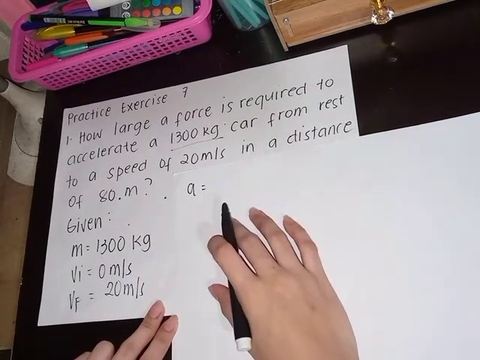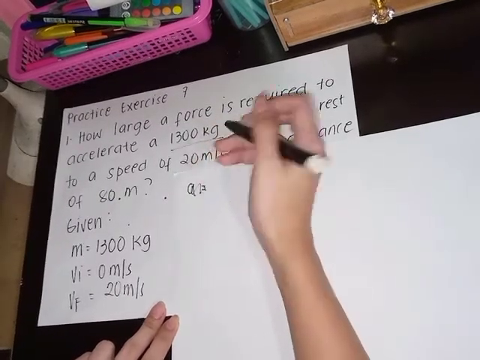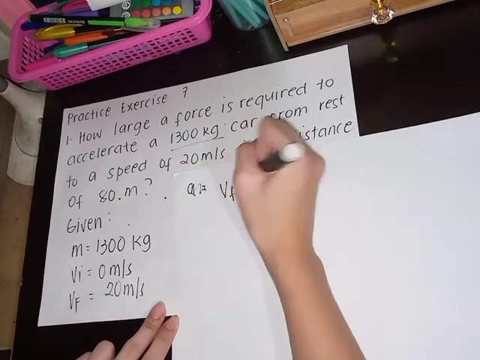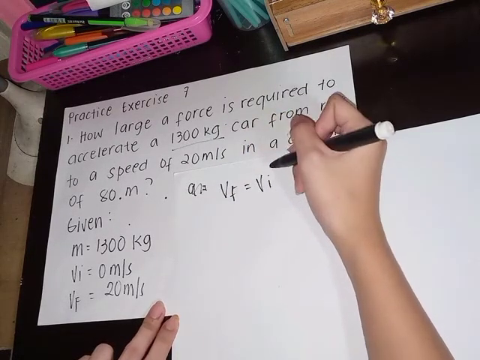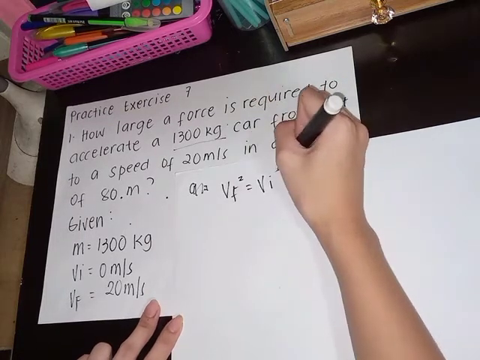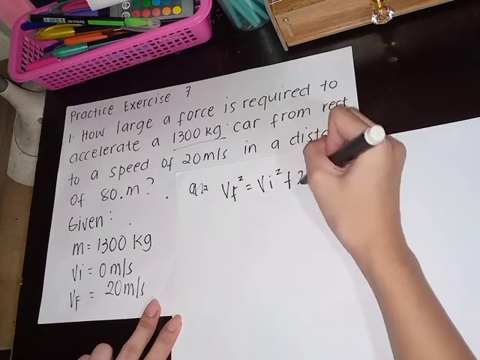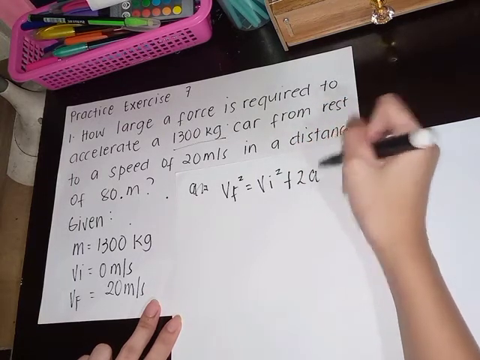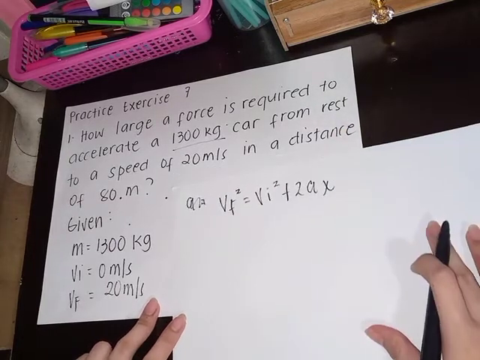And to find acceleration, I will use the formula. The formula of final velocity squared equals initial velocity squared plus 2 times acceleration times the distance.